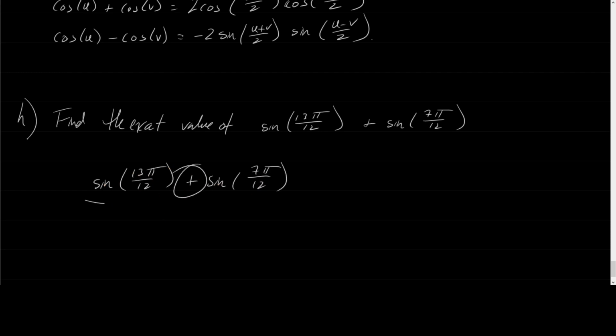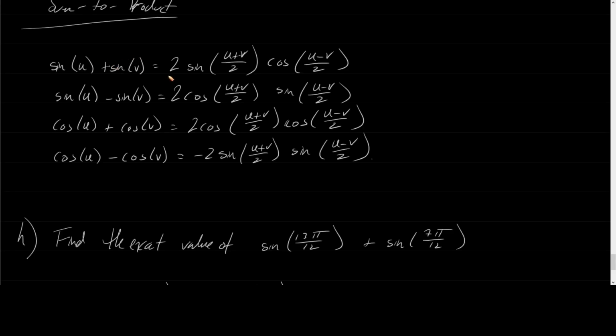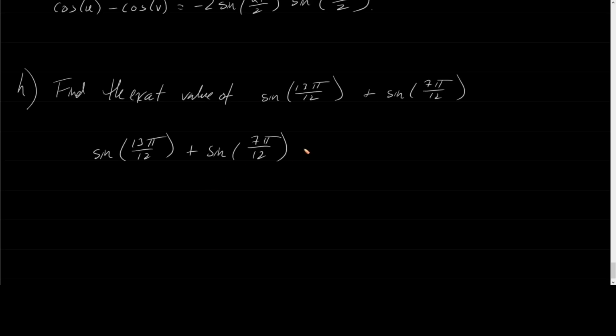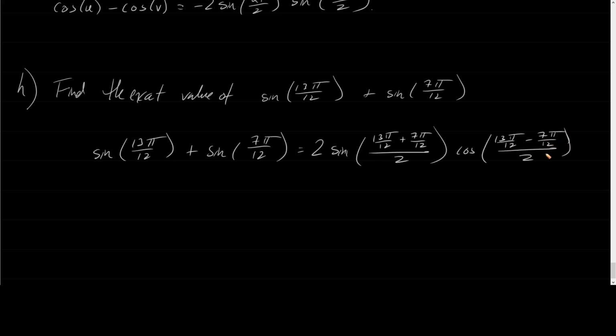And notice here that I have the sum of sines. So the sum of sines, what was it? 2 sine, sum over 2, cosine, difference over 2. So it's going to be equal to 2 sine of the sum, so 13 pi over 12 plus 7 pi over 12 over 2, times cosine of the difference, 13 pi over 12 minus 7 pi over 12, and all of that over 2.